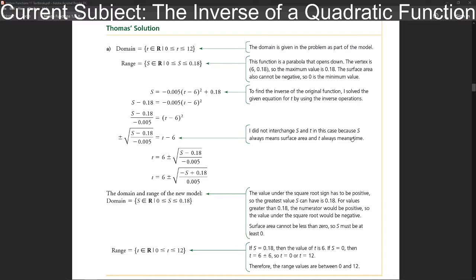See, this is what threw me off. He didn't change the S and the T. I was wondering about that, because it felt like we didn't always have to swap the variables. It looks like they were only doing it for the sake of making it more inverse-like, and to keep X and Y in their respective places. But over here, S and T actually have a meaning, so we don't do that.